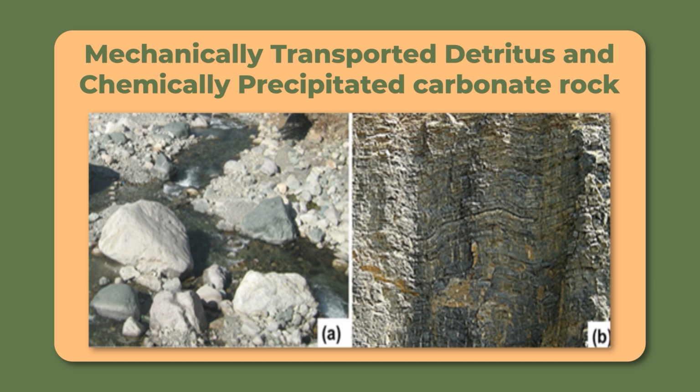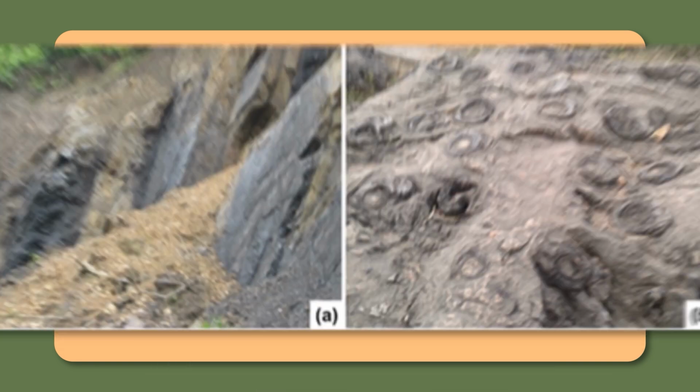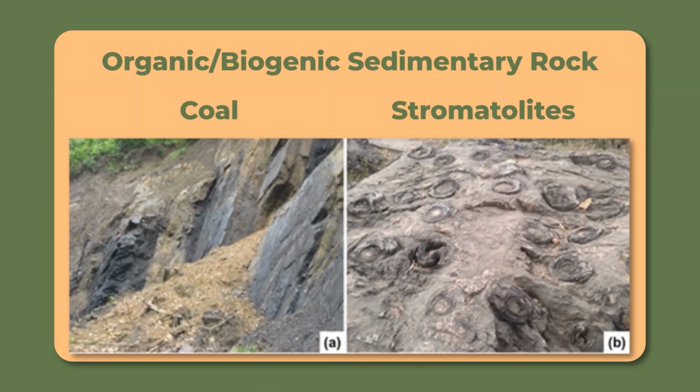Similarly, there is chemically precipitated carbonate rock on this side. This is algal laminated rock, cemented by calcium carbonate itself. There are organic structures and biogenic structures. There is a coal bed on this side, and the other side is another type of stromatolite from the Vindhyan group of rocks in UP.